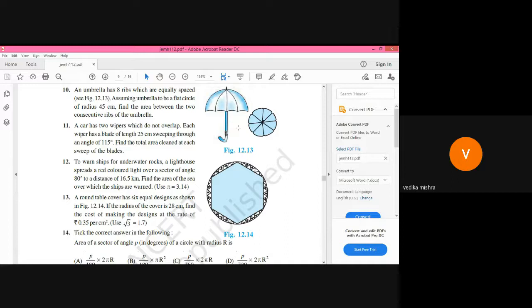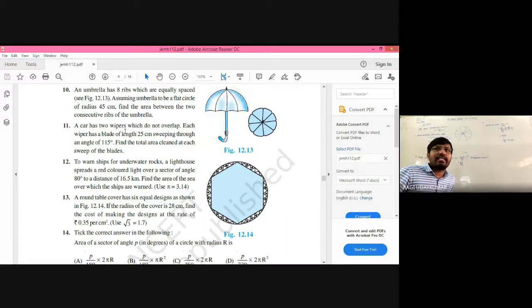Yes sir. Look at the 11th problem. A car has 2 wipers which do not overlap. Normally wipers overlap in a car, which means both move together to swipe the car. Here the question says they do not overlap, and each wiper has a blade of length 25 centimeters.